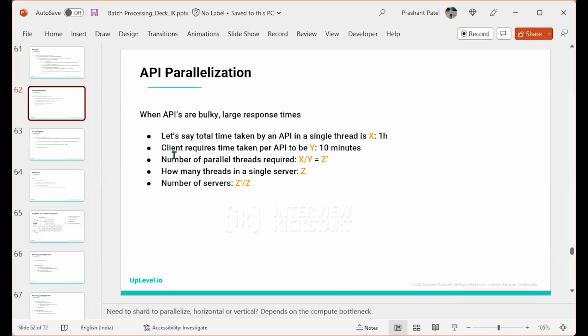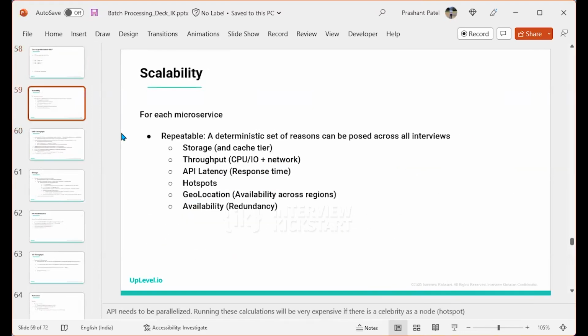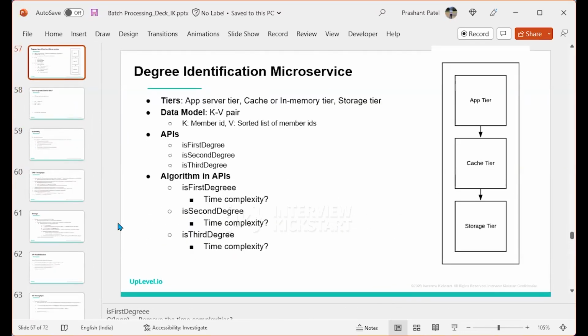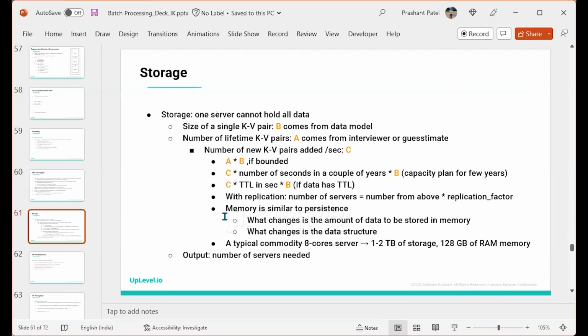In what sense can you discuss it? You can discuss the idea of having parallelism possible. API 3 especially makes use of second degree, and all the connections can be operated independently, so that's why the parallelization can happen. We presented the schema and discussed scalability for storage and parallelization.